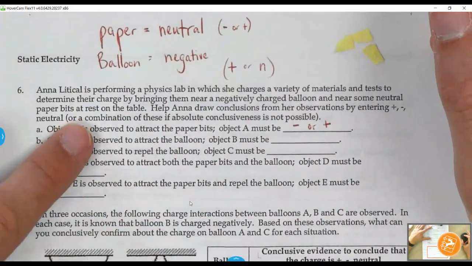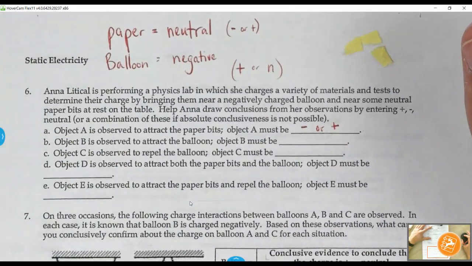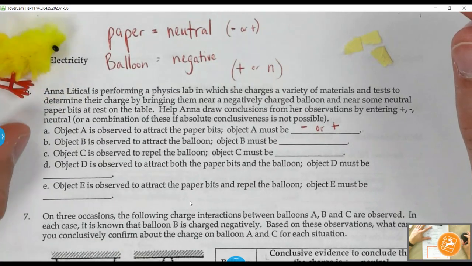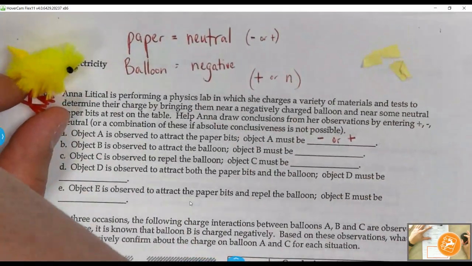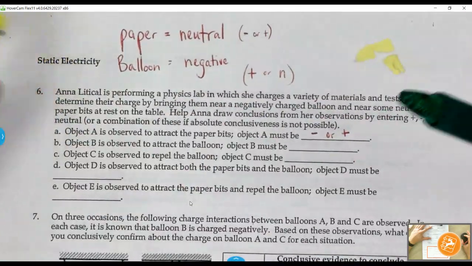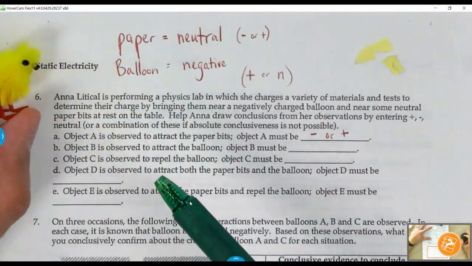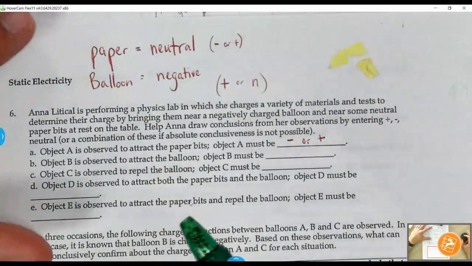Now, object B is observed to attract the balloon. Okay, so if this is a little chicken balloon, and object B is attracting the balloon, and the balloon is negative, what can we definitely say?